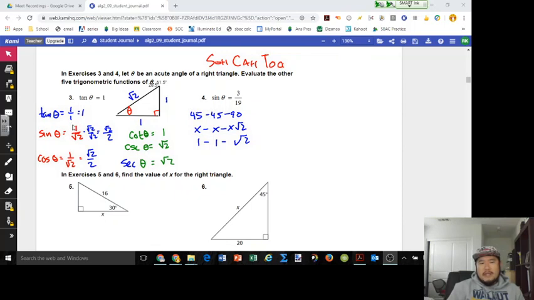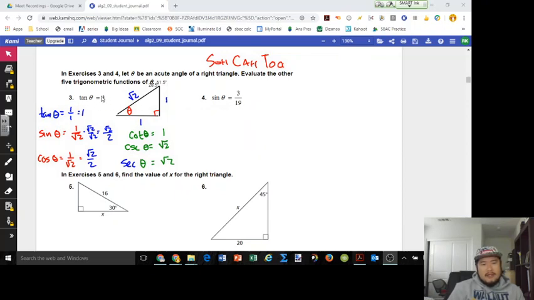If you take the first answer that you come up with before rationalizing, hey, you could automatically take the reciprocal of that, and then you won't have any radicals in your denominator. All right? So that's what they mean when they're asking you to find and evaluate the 5 trig functions. They give you some information to help you find the first one.